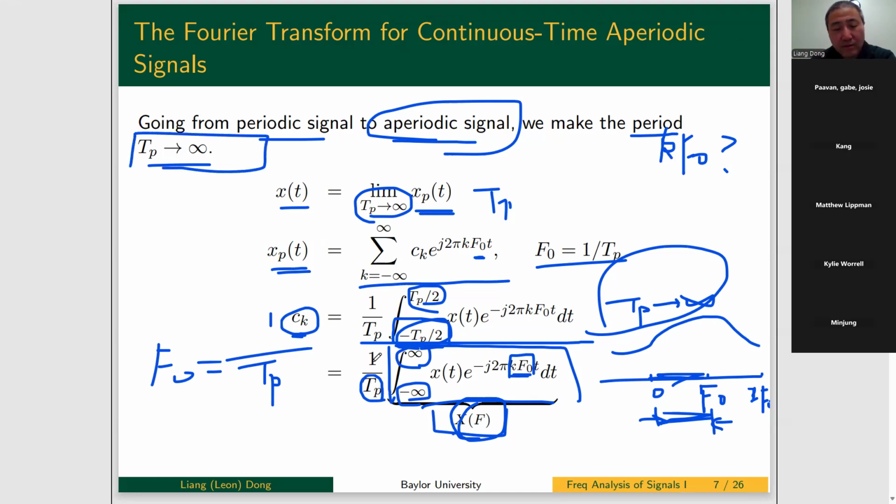Wouldn't that mean you divide by T sub p, so the entire thing goes to zero, right? How can I mathematically deal with that 1 over T sub p? It's not zero, it's very small. But how can I deal with that, and replace it with some mathematical variables so I can derive the famous Fourier transform? That we will discuss next time.